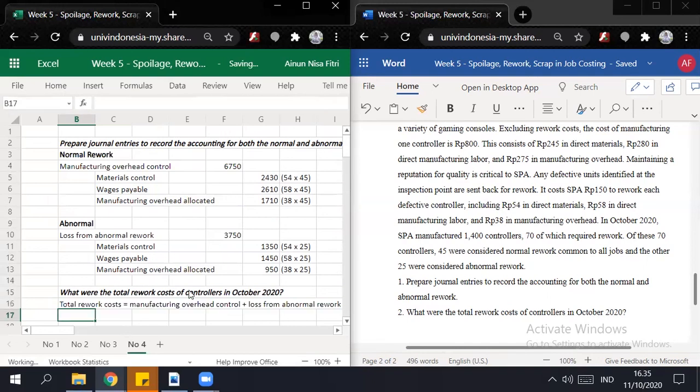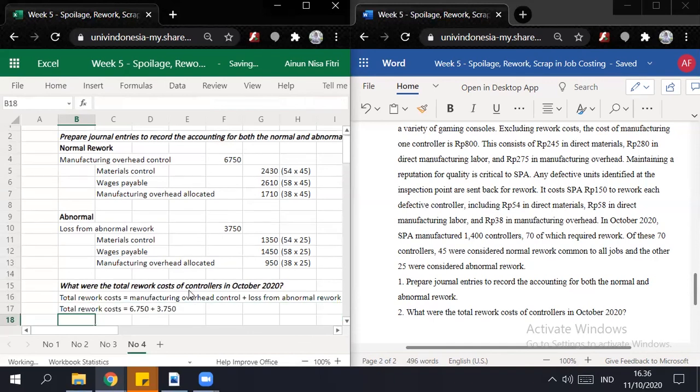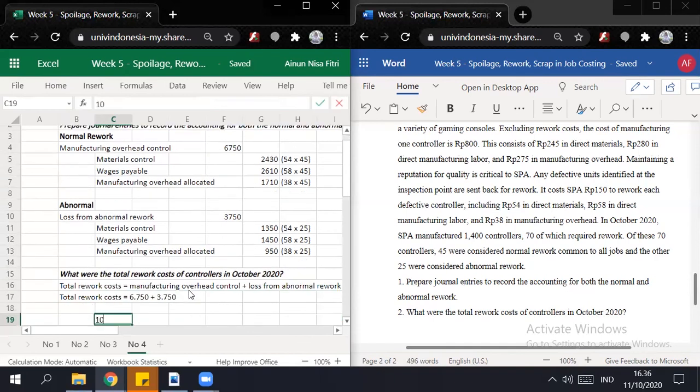Therefore, the total rework cost is 6,750 plus 3,750. Therefore, the total rework cost is 10,500.